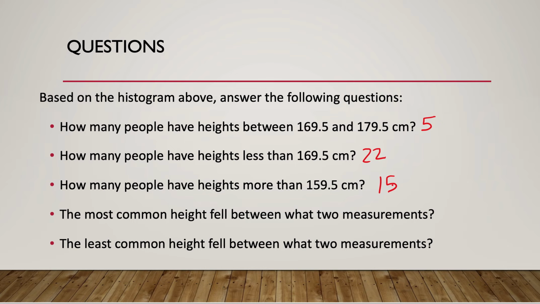The next question is a little bit different. It says the most common height fell between what 2 measurements? If it's asking for the most common height, we want to look for the highest bar. That would tell me that the frequency would be the greatest for that particular height. So I'm going to go back to my picture.